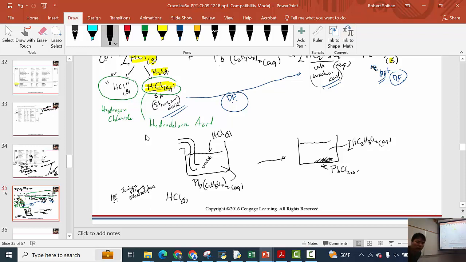And so the way I think about this is, in this particular case, I have a choice. I can get a tank of HCl gas, or I can grab a bottle of HCl aqueous. In this particular reaction, am I grabbing the bottle of HCl aqueous, or the tank of HCl gas? I'm grabbing the tank of HCl gas. And so I'm just going to leave it as HCl gas here.